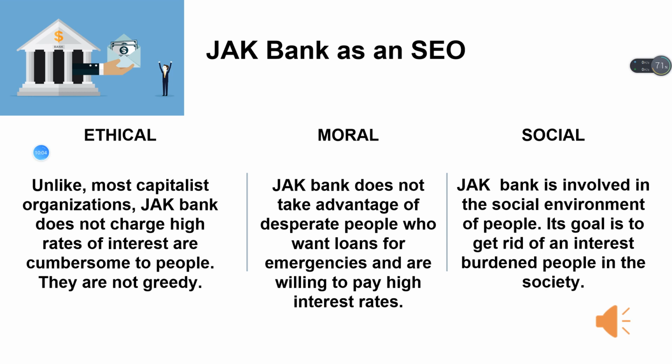According to the article, social economics has three perspectives. The first perspective is distinct from the second and third, which are similar. The fourth perspective is also the one that is closest to JAK Bank.